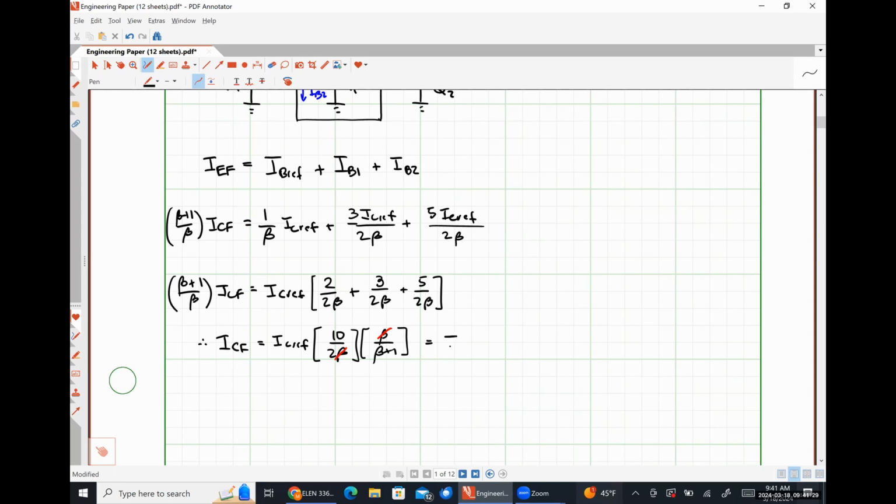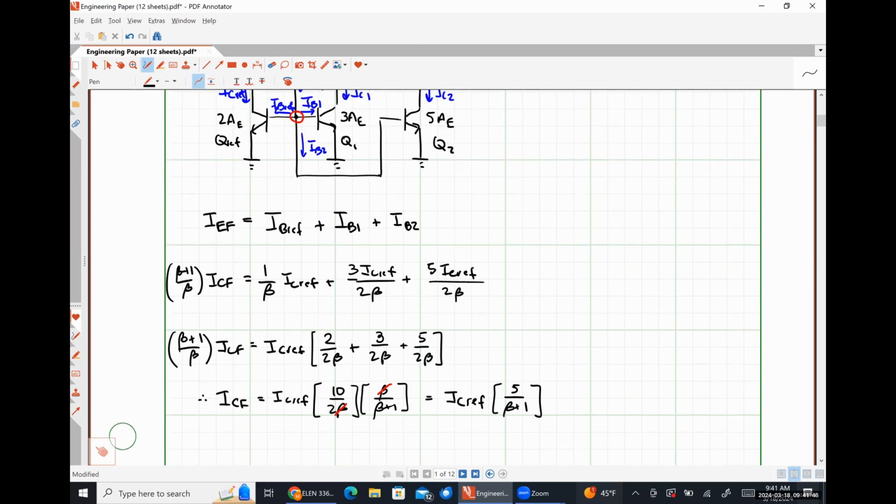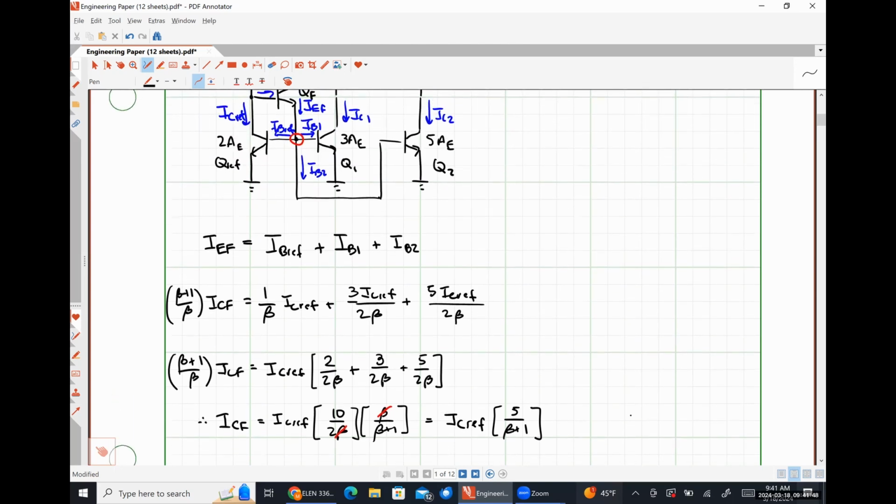So that's going to look like ICref times 5 over beta plus 1. Anybody got any questions, comments, or concerns regarding the results of our KCL at that node where our 3 base currents are tied together?